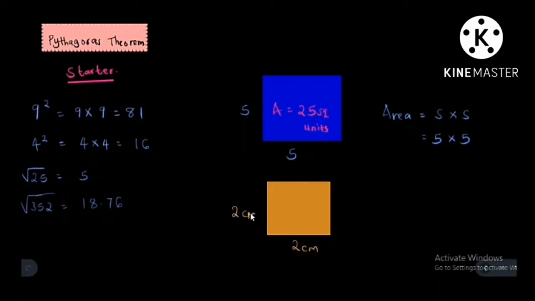The area of this square will be given by side times side. One side measures 2 centimeters, another side measures 2 centimeters. The sides are the same. 2 times 2 will give you 4, and because it's a centimeter times a centimeter, we will have our units as centimeters squared.